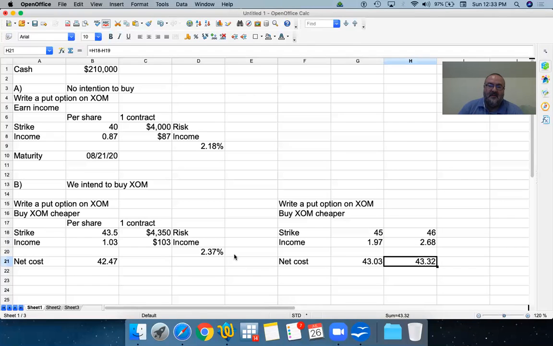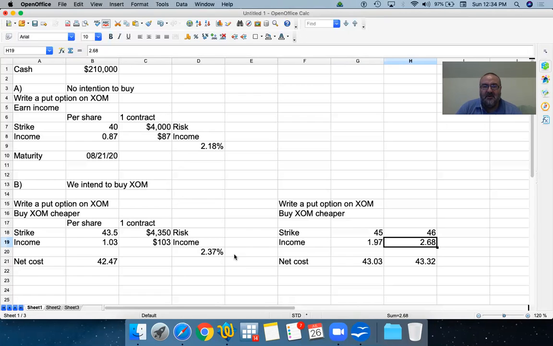Now, the premium that we're collecting is going up. So if Exxon ends up being more than 46, well, you just collected $268. Even if it is 46.01, you're not going to buy Exxon at 46, but you will end up having $268 per contract.